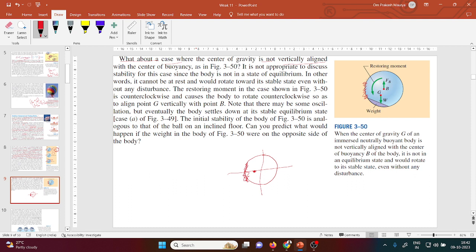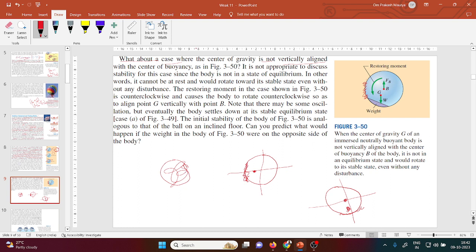And your buoyant force, the shape is similar, like two similar bodies there. If you have the two bodies, and in this one you have put the dense material below, what will happen? Let's say the buoyant force is acting here for a stable condition, and G is here.